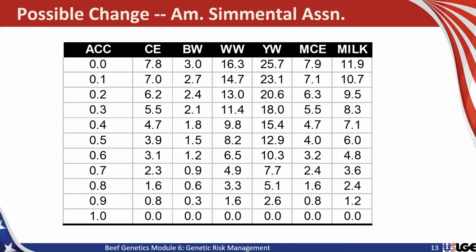You'll also notice we go from a 0.6 to a 0.7 accuracy, we also decrease that standard error prediction by the same amount, 0.8. This is the linear relationship between BIF accuracy and possible change. That transformation that we discussed earlier enables these possible change values to be linear in terms of change with accuracy.